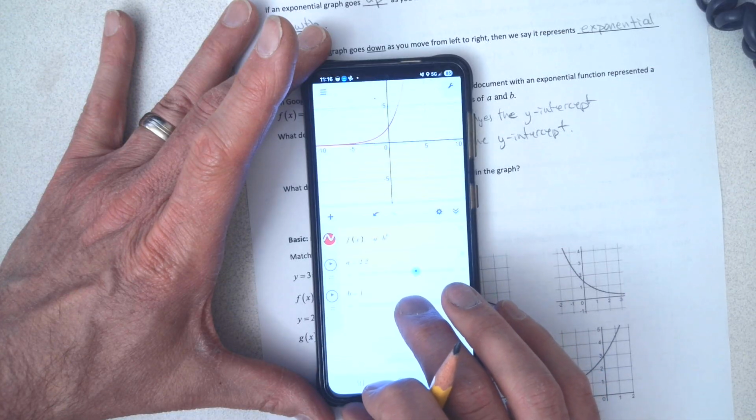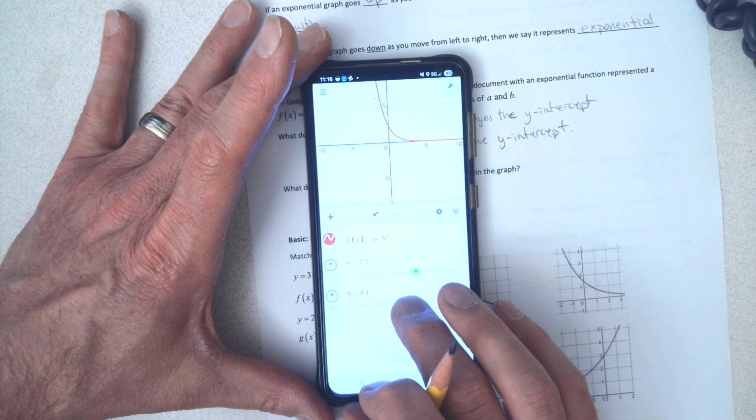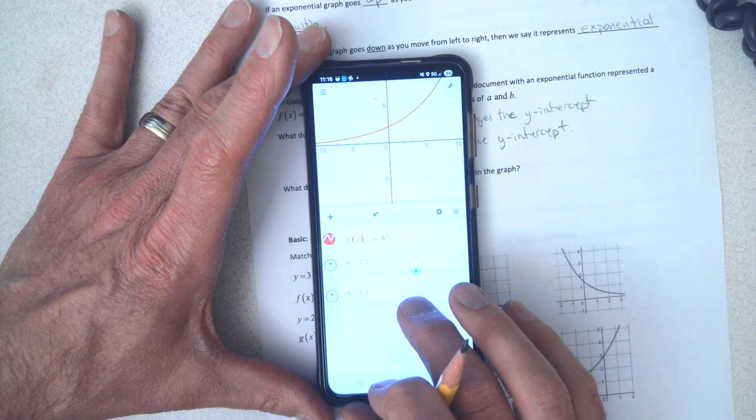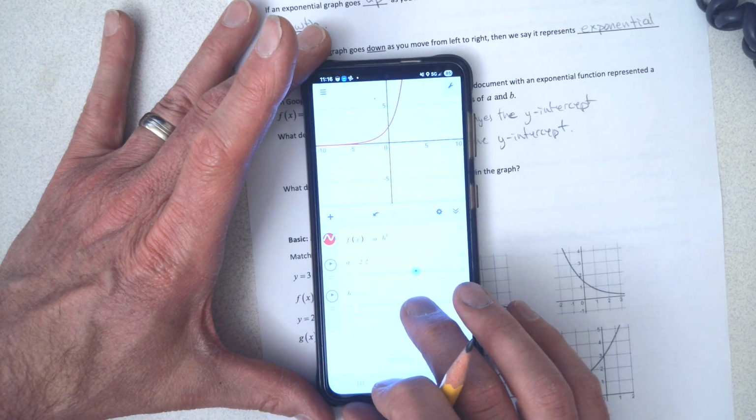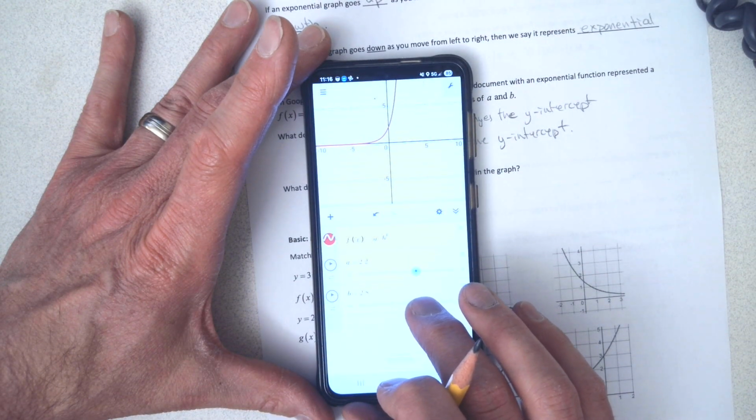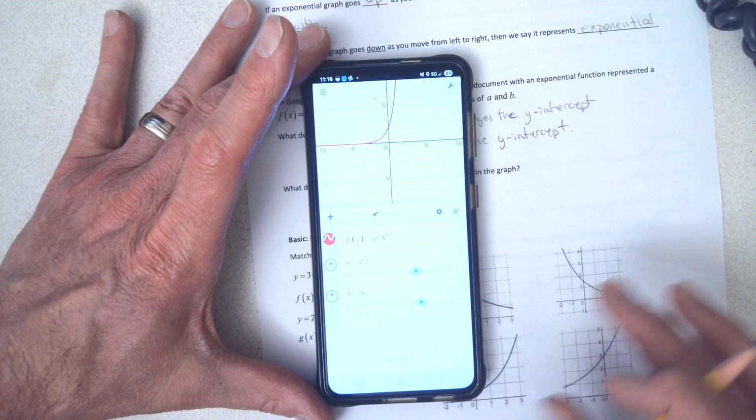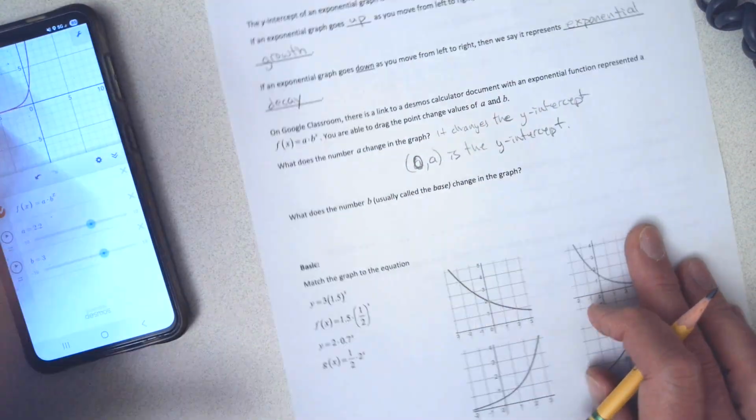Okay. So the closer I get to 0, the steeper it decays. The bigger I get past 1, the faster it grows.